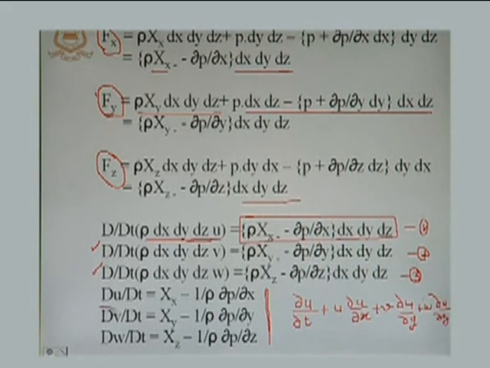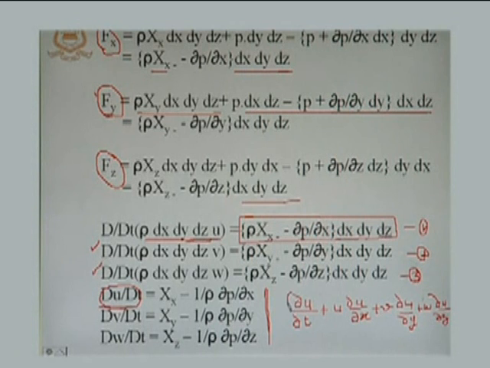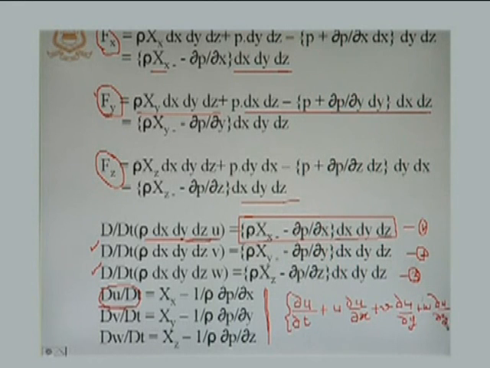So, du over dt may be written as del u over del t plus u del u over del x plus v del u over del y plus w del u over del z, in a Cartesian coordinate framework in the x direction.